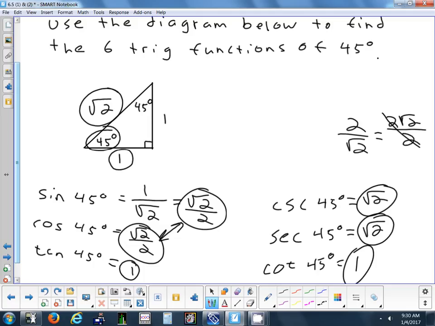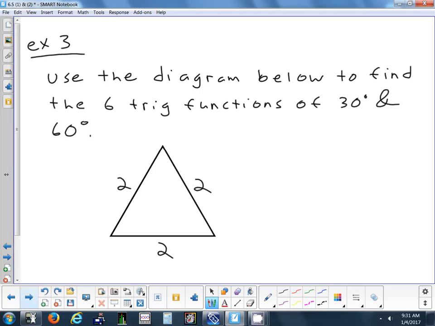Okay, so any questions on the 6 trig functions of 45? Okay. What's the other special triangle I said that we work with sometimes? Yeah, 30, 60, 90. This isn't quite a 30, 60, 90, but can somebody explain to me what's happening here and how I could make it into a 30, 60, 90?